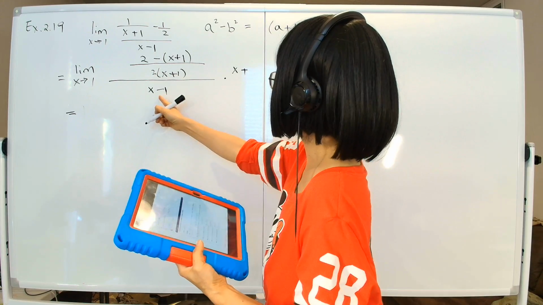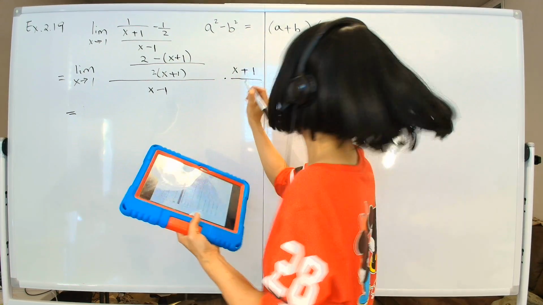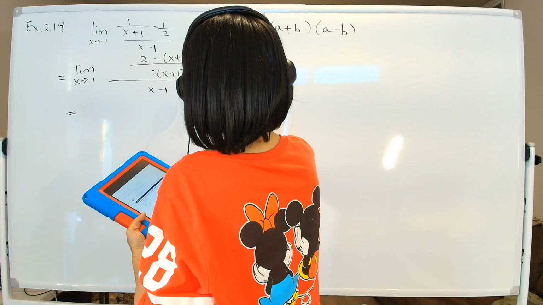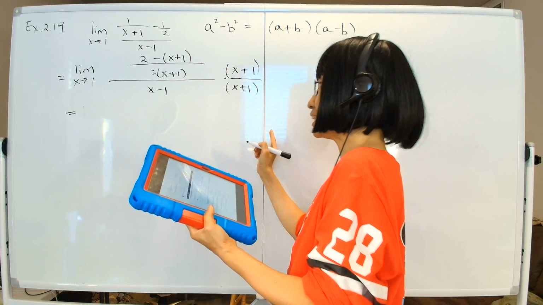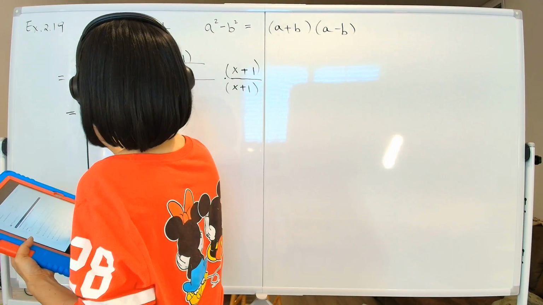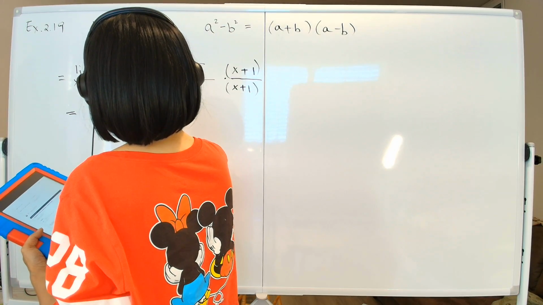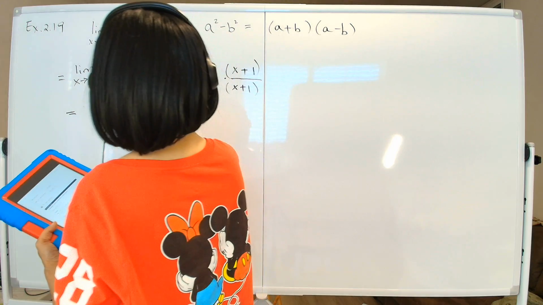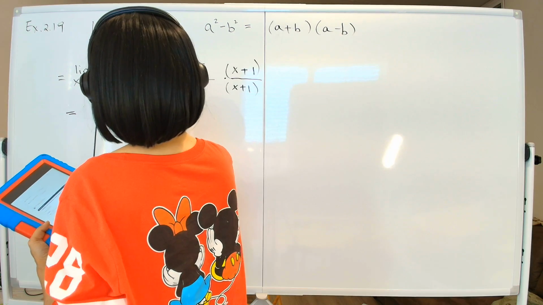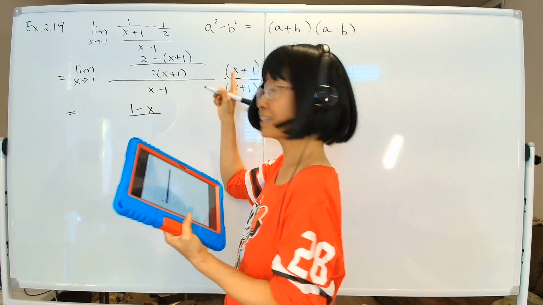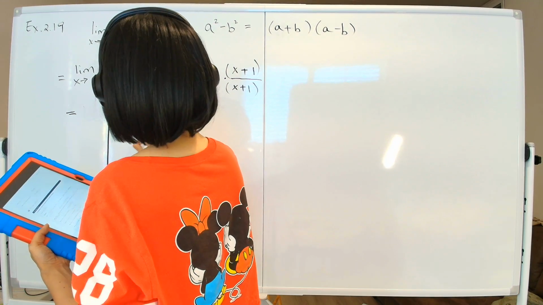We have x minus 1, so we multiply by x plus 1 to achieve the difference of squares effect. So x plus 1. Now this is just 1, so you haven't changed anything. So that equals 2 minus 1, that's 1 minus x over here for that part, divided by, this cancels out with that, divided by 2, and then all over x squared minus 1.